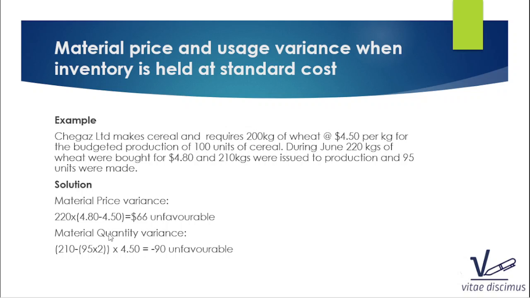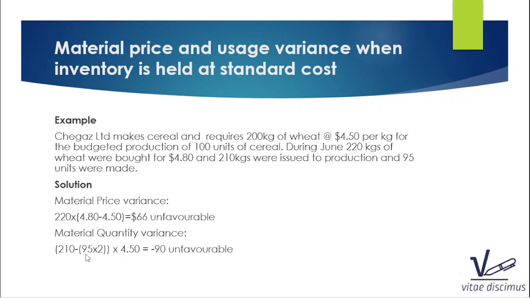Now, with regards to our material quantity variance, we compare what we have issued to production with what we were supposed to have issued. We've issued 210 kilograms, yet considering that you are producing 95 units, we're supposed to issue 2 kilograms for each of those units.